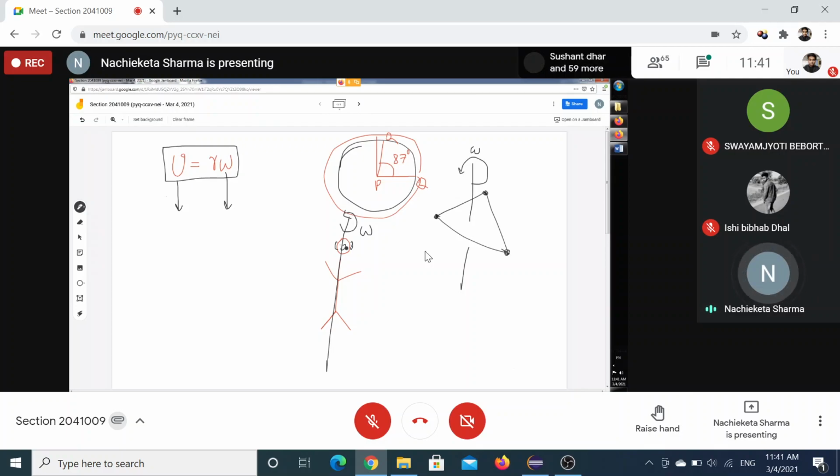All my parts will move with the same angular speed, but all my parts will not move with the same linear speed. That is very important, because all points which are lying on the axis of rotation have zero linear speed. That you must understand, because r is 0, so they will be 0.